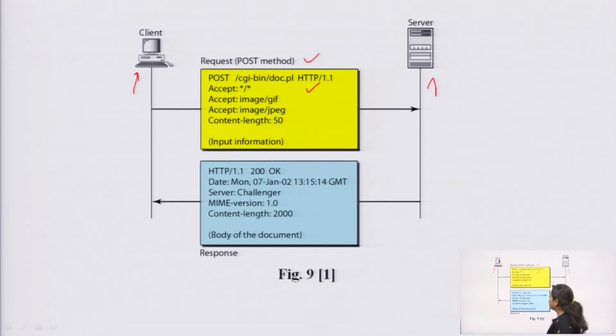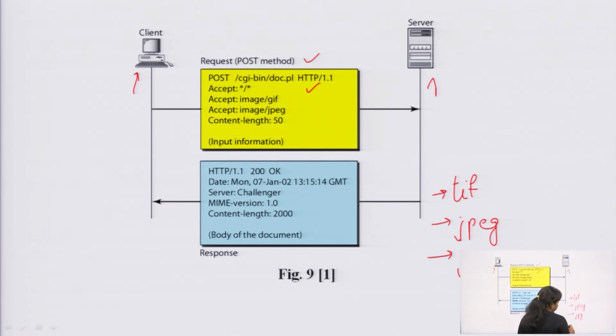Then it has to accept 2 files, like I have written this star by star, which means any image and any extension is acceptable. Images have TIF, JPEG, then JPG will be there, and there will be GIF, also there is a PNG.